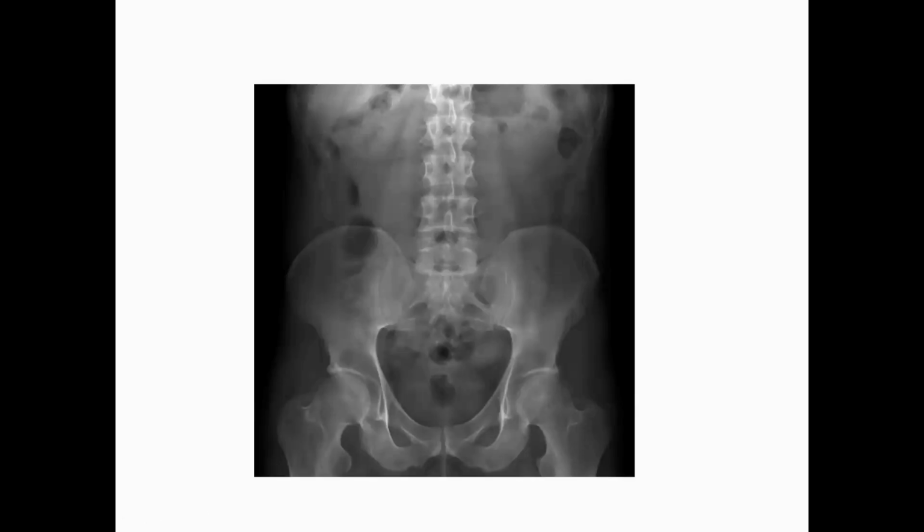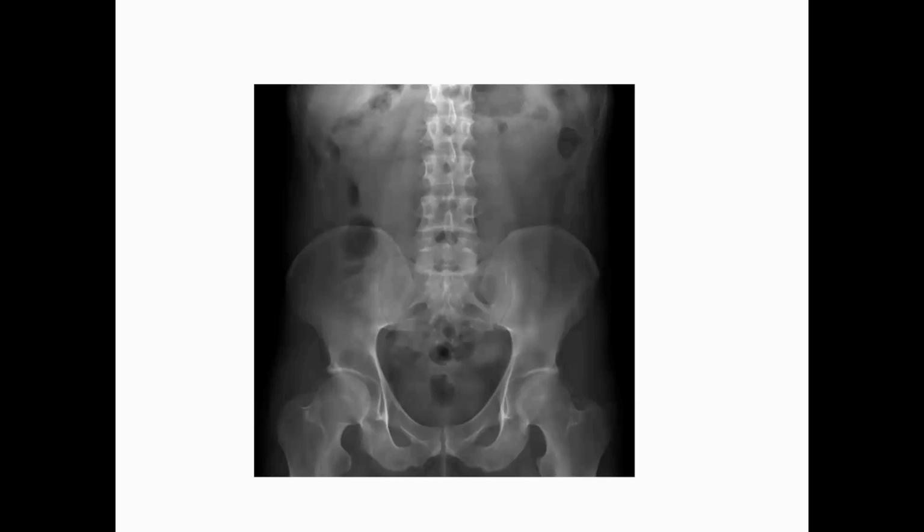Let us see the normal bowel gas pattern. If you know the normal appearances of the bowel, it will really help you to determine the abnormal one, and also the location of the abnormalities. So it's very important to know the normal gas pattern of the small and large bowel.